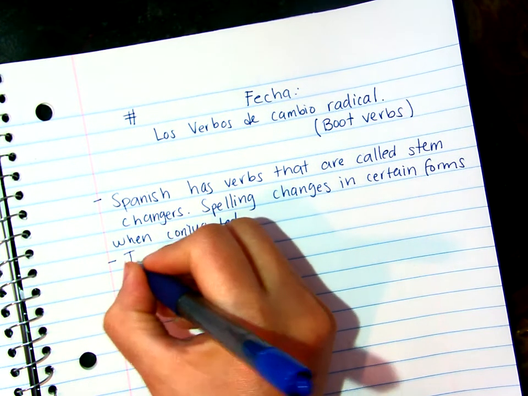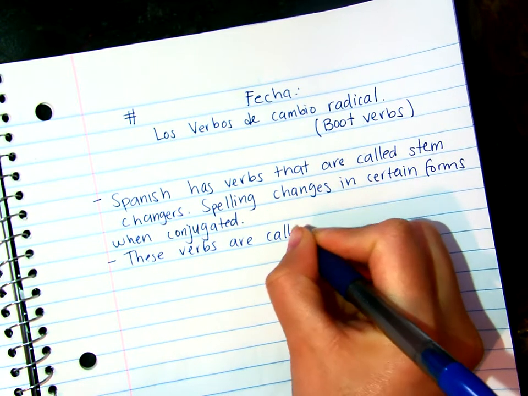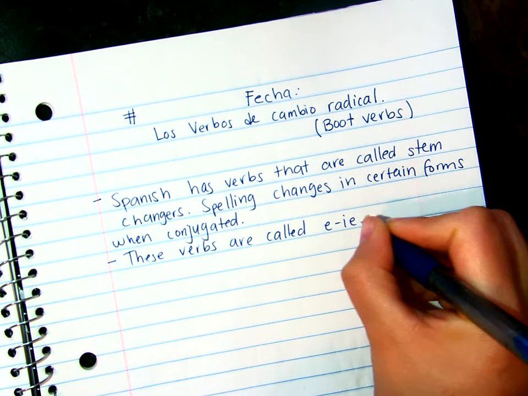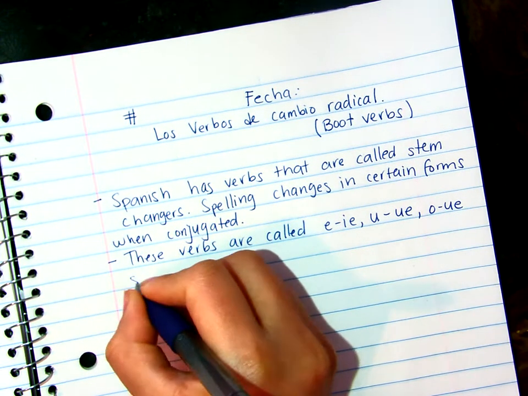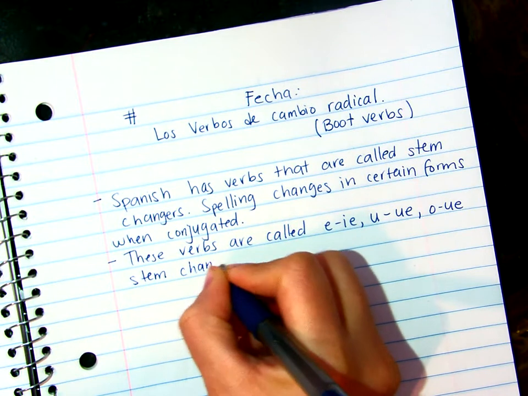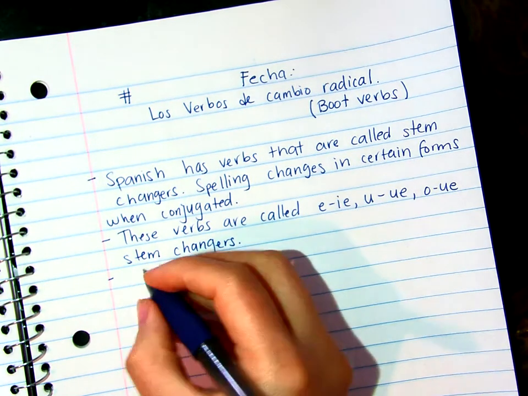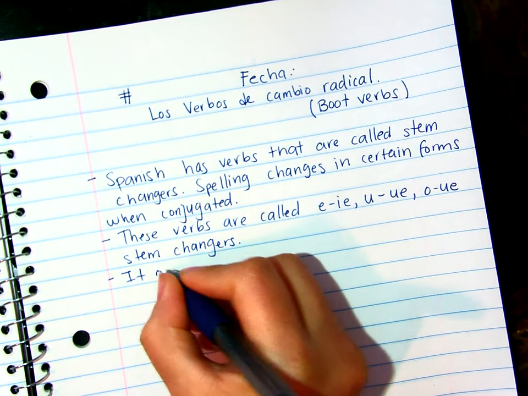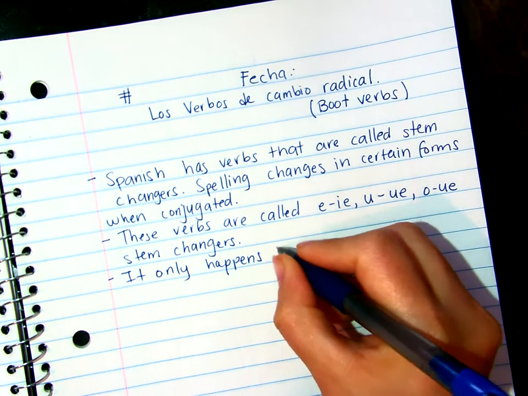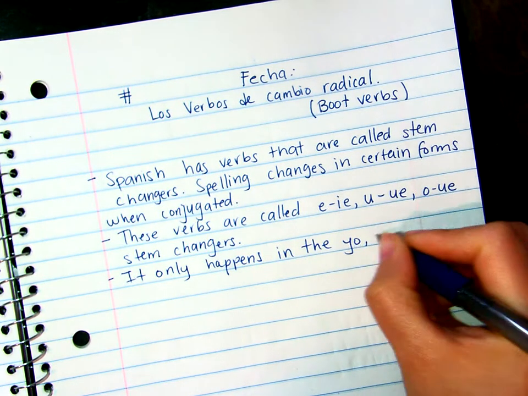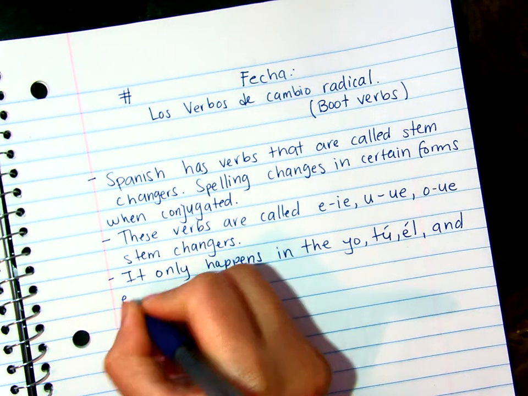So, these verbs are called E to IE, U to UE, and O to UE stem changers. Okay, so the change only happens in the yo, tú, él, and ellos forms.